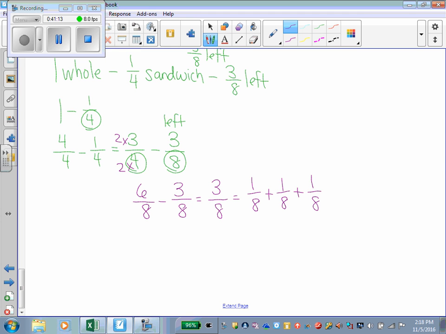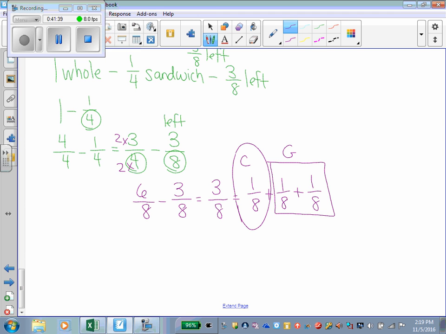You only have 3 choices here, and so you know the comic book is going to be one of them. So the comic book is here, and then he spent 2 times that amount on the gift for his brother. So he spent 2/8 on a gift for his brother, and he spent 1/8 of his money on a comic book.